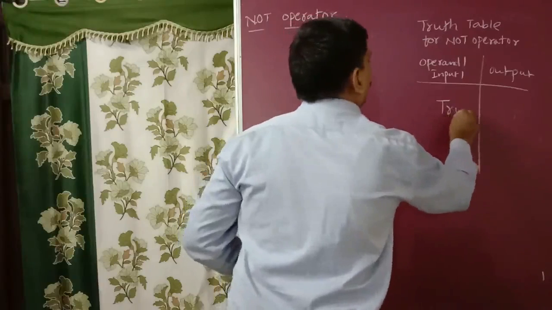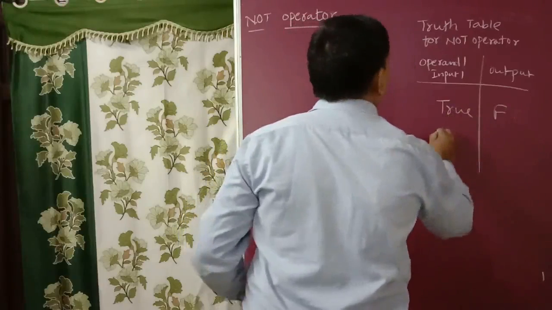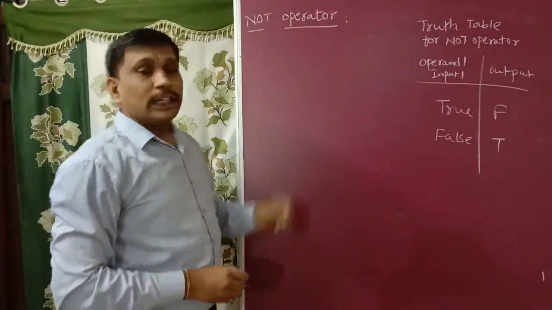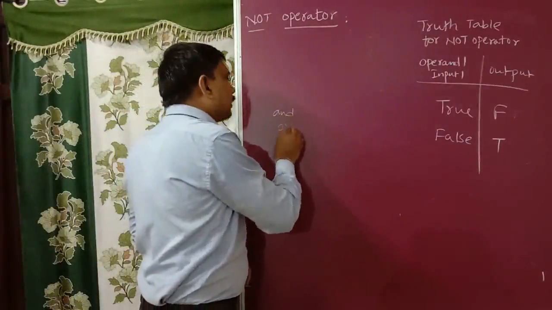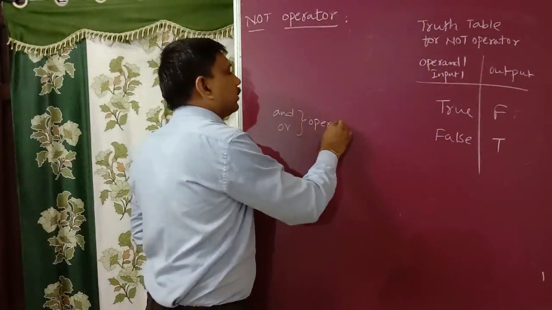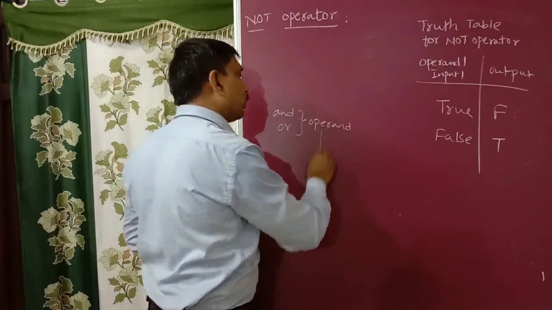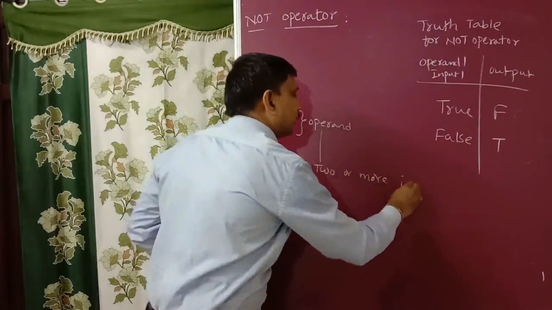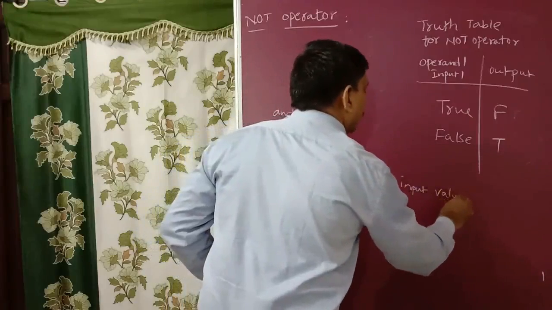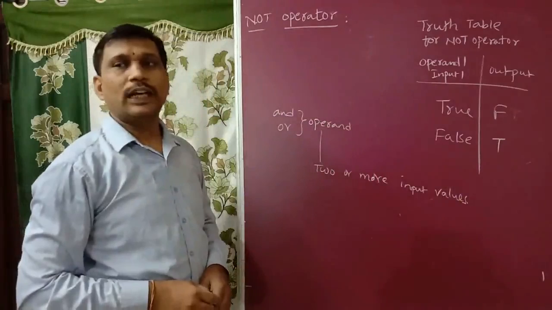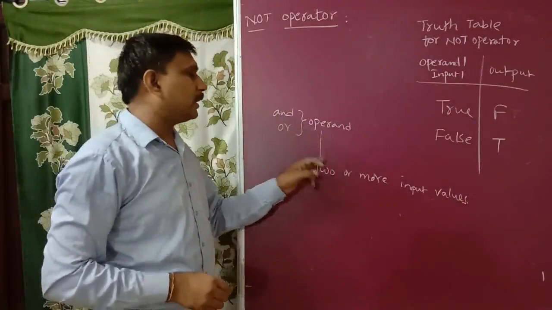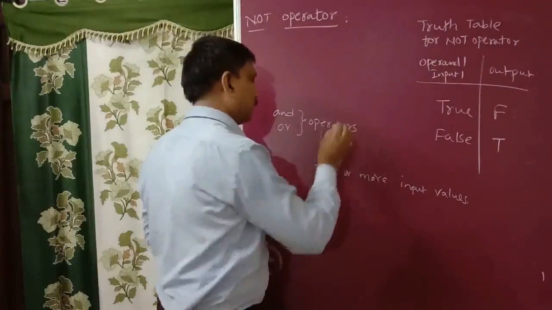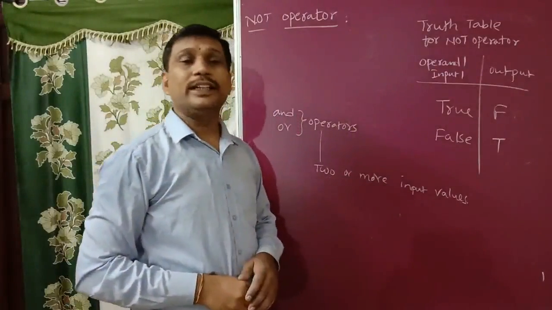Suppose true means it returns false, false means it returns true. When you observe the truth tables of the AND and OR operators, they work on two or more input values.